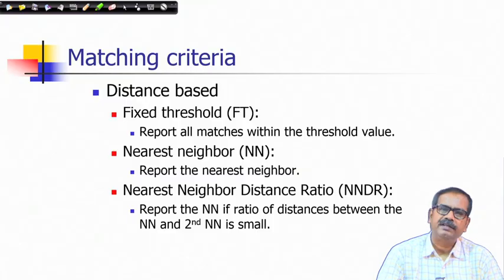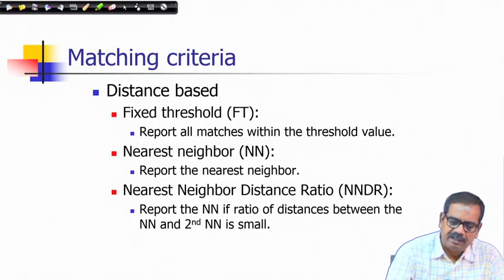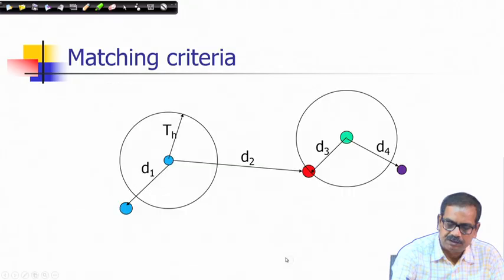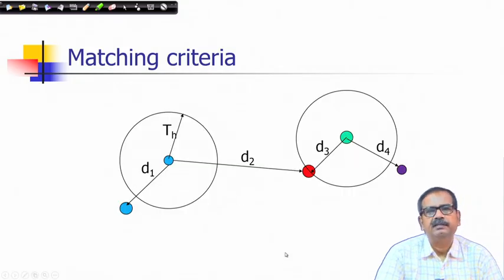Here also we are not giving an absolute criterion, it is a relative comparison between two distances, one distance with the nearest neighbor and the other with the second nearest neighbor. There is a figure by which we can understand this particular process.